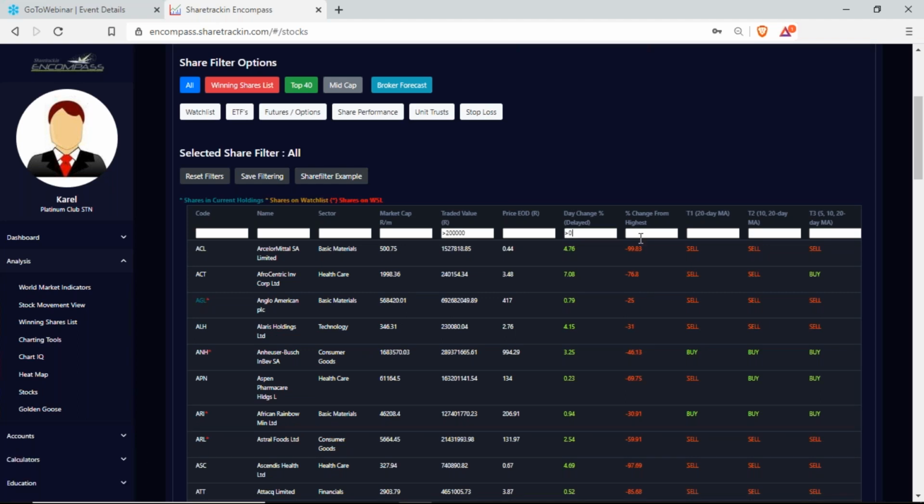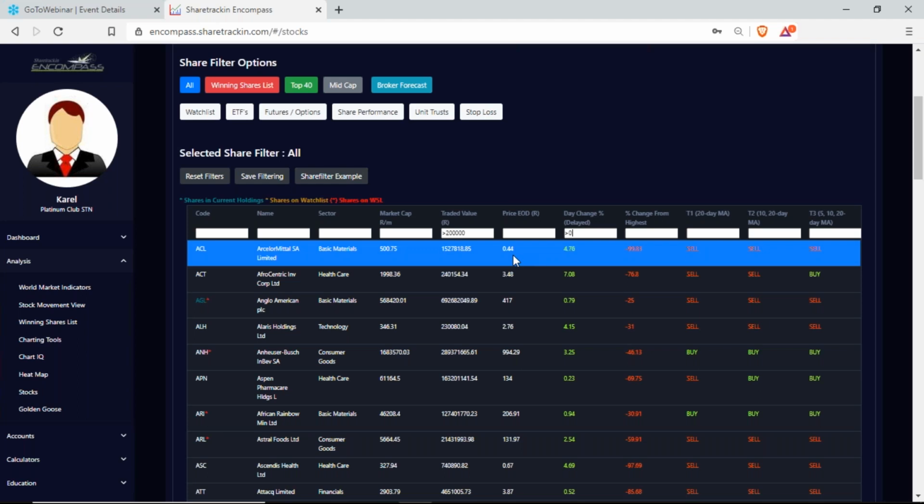Next is my percentage change from highest. So your percentage change from highest works as follows. If I take a share's highest point in history, let's take Anglo Metal for example, in 2008 it was around 250 rand a share. Today, it closed on 44 cents. Now, why would I go and invest in Anglo Metal?